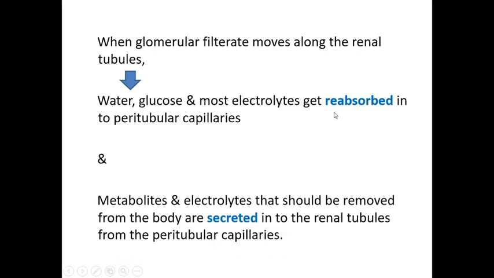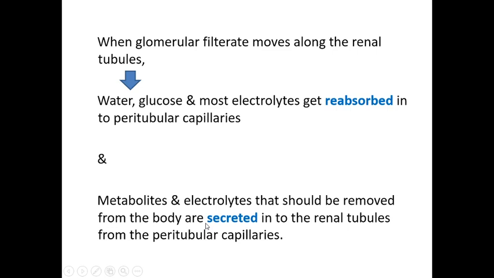At the same time, when this glomerular filtrate is moving along the renal tubules, certain metabolites and electrolytes that need to be excreted from our body are secreted from the capillaries surrounding the renal tubules into the renal tubules. So this process is called secretion.